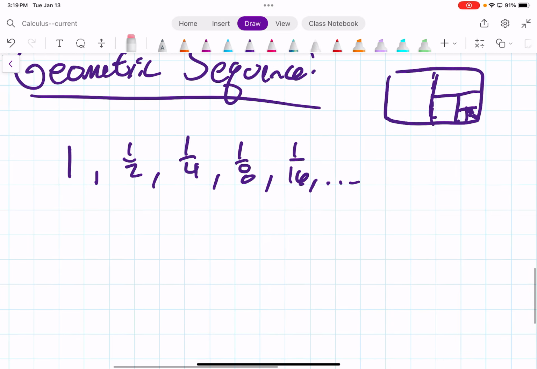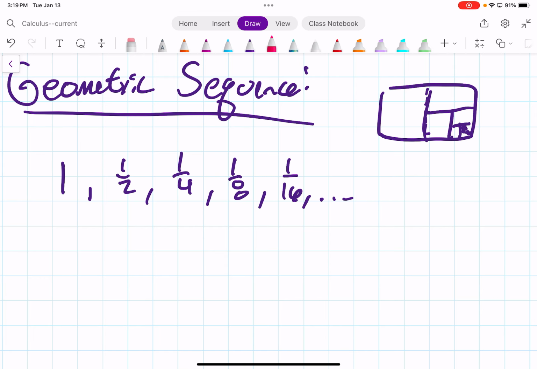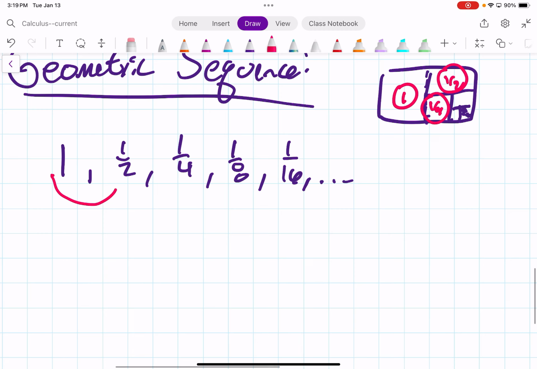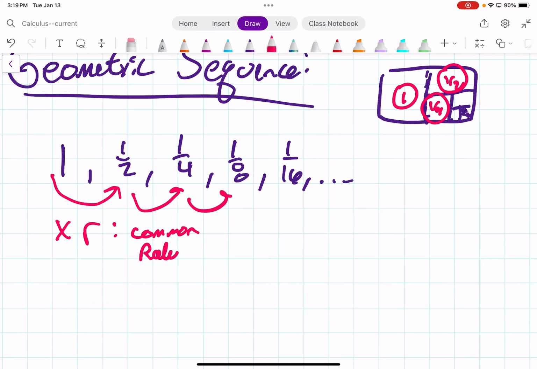So if I asked you, what is the first rectangle here, it would have an area of 1, the second one would have an area of a half, the third one would have an area of a quarter. So notice that the pattern here is actually multiplying by r, which is going to be the common ratio. It's a lot like the arithmetic in that there is this division to really describe what we see looking ahead as multiplication.